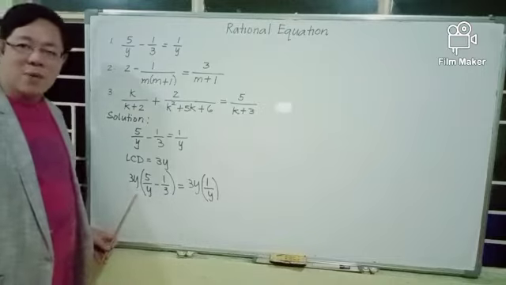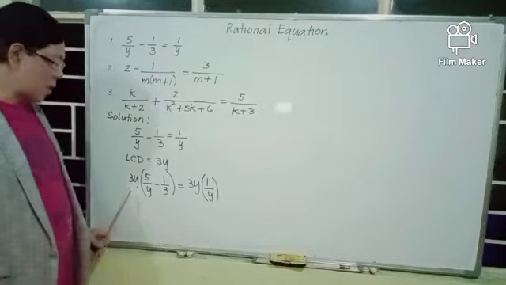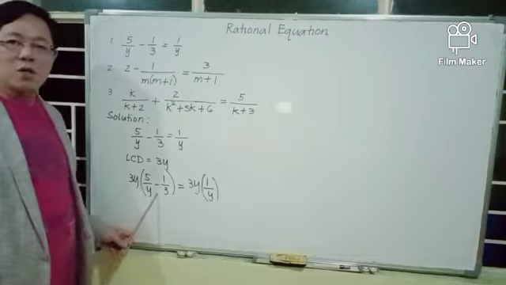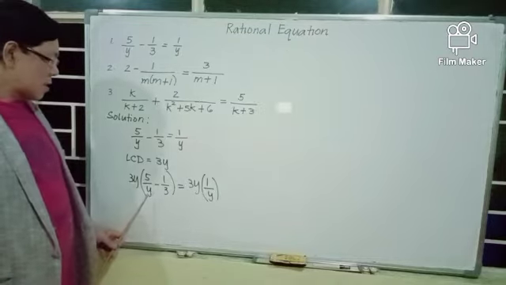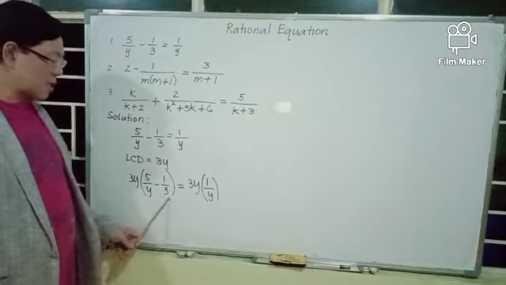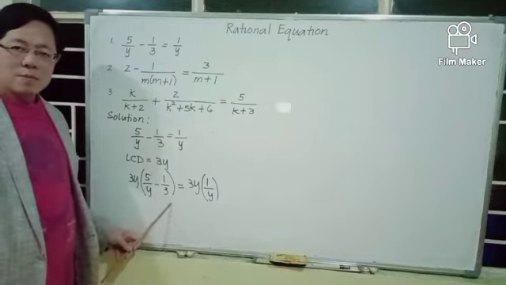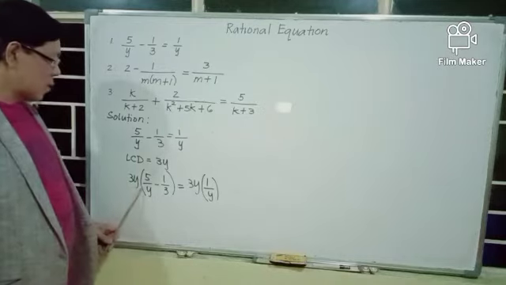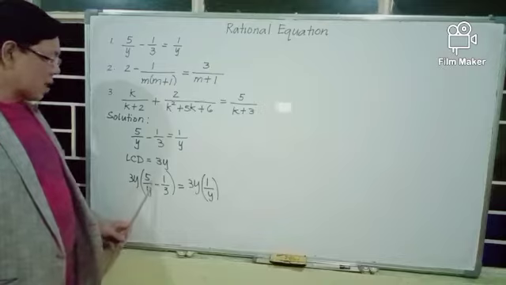For the left-hand side, you now apply the property of multiplication over addition or subtraction. That is, you multiply each term of this binomial by 3y. You multiply 3y by 5 over y.